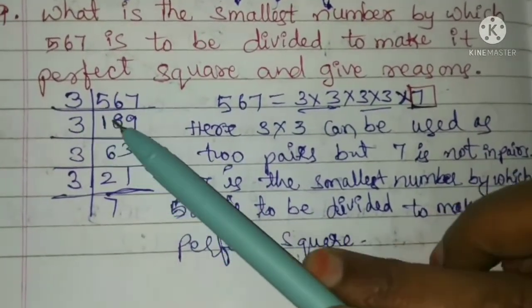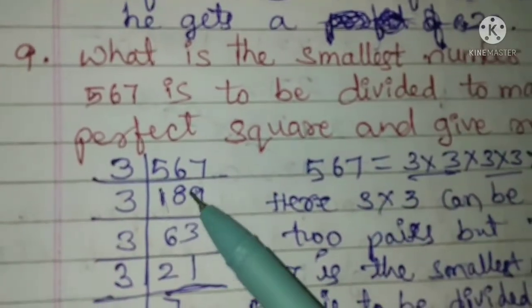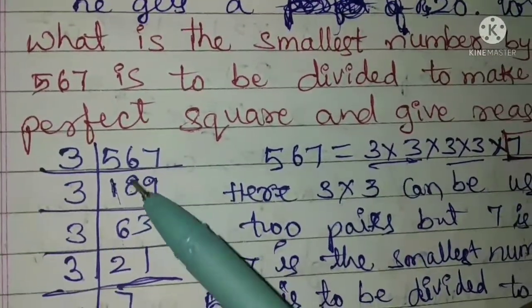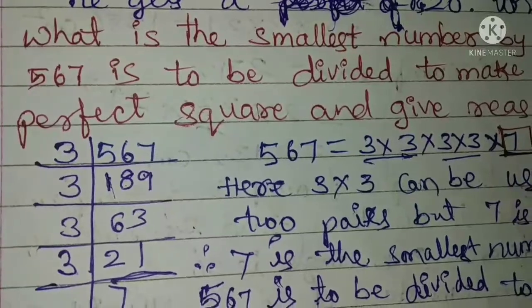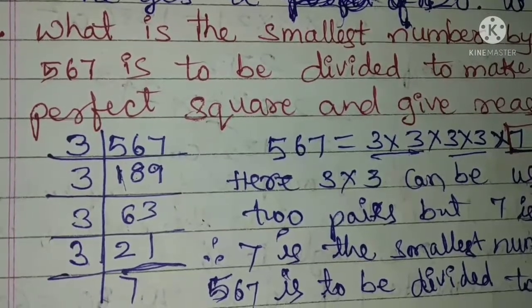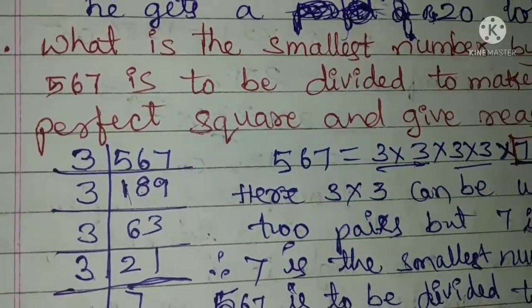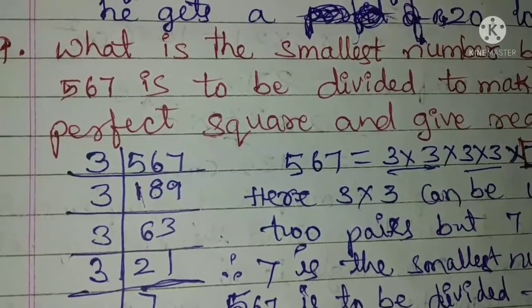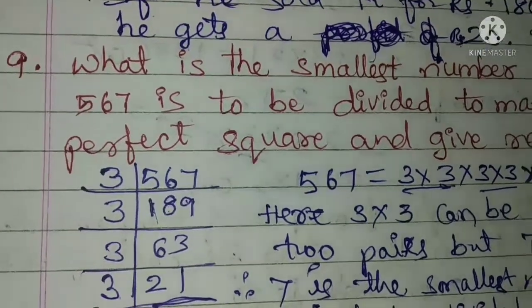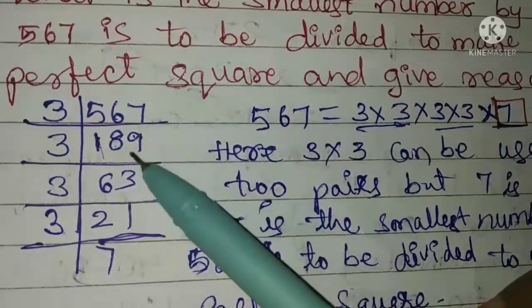With the 3 table, 3 ones are 3, 3 8s are 24, and 2 left, 27. 3 9s are 27.